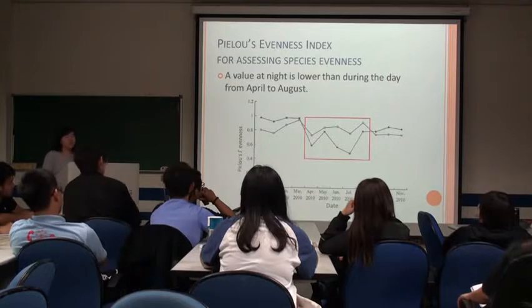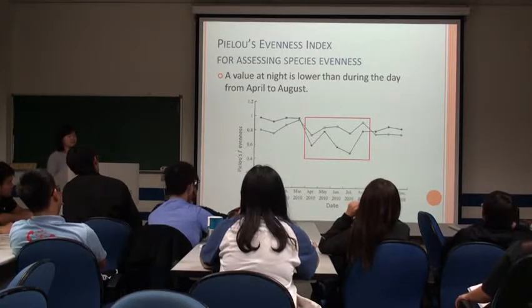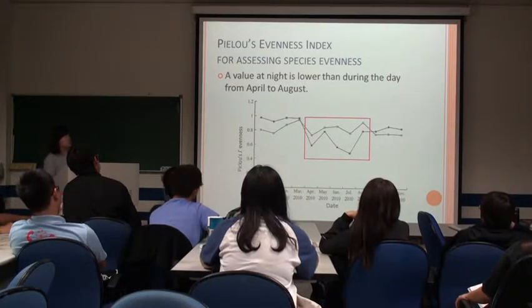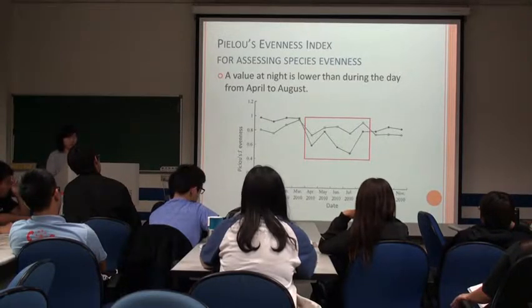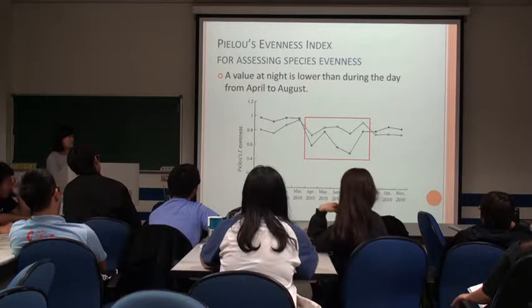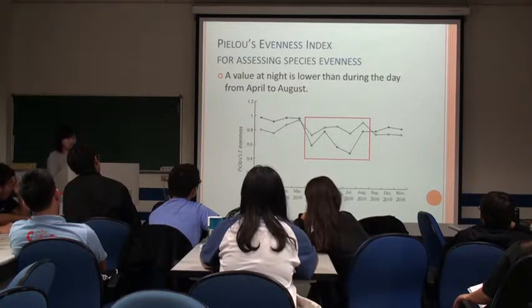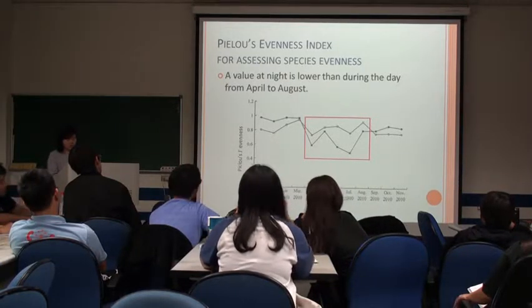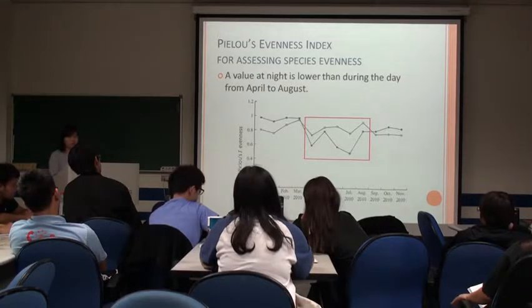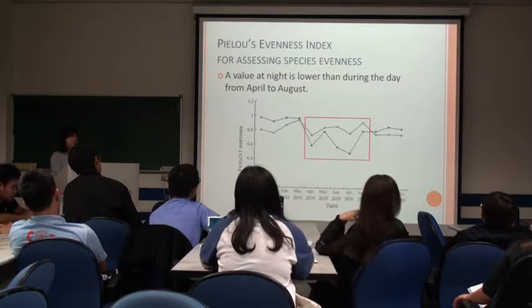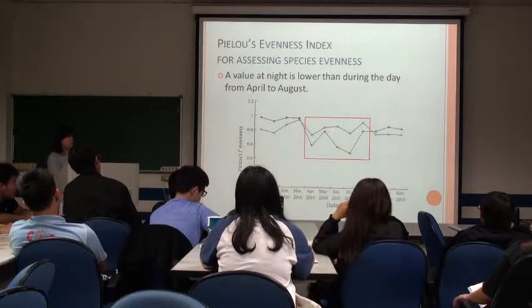And second, we used the Pielou evenness index for assessing species evenness. In this line chart, the x-axis is date and the y-axis is evenness. And we can see the value at night is lower than during the day, from April to August.